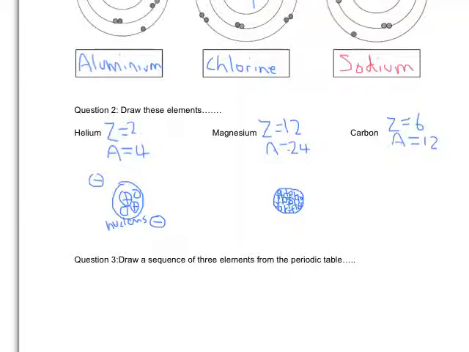If you want to draw them as shells, it's actually got 2 electrons in the first shell, then 8 more. So that's the first shell. If you're not interested in shells, you can just scatter them anywhere. 1 to 8 in the next one. That means we're now up to 10. Got 12 more. We'll pop the last 2 in the last shell.